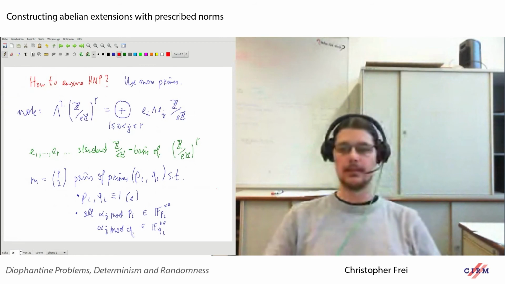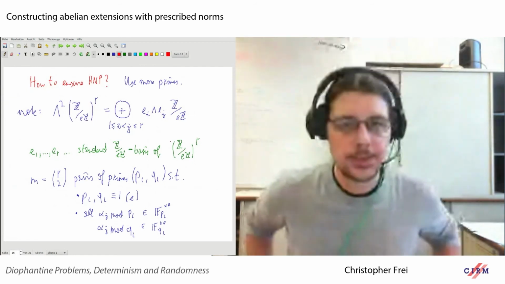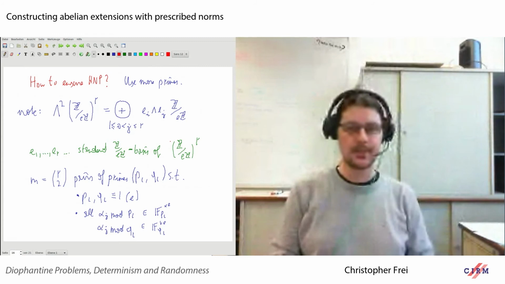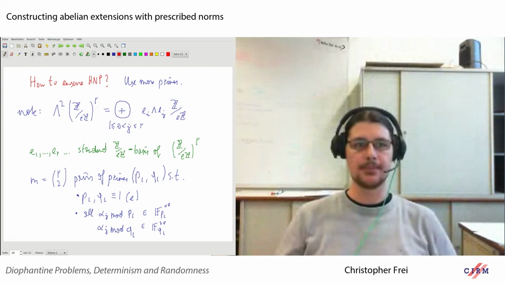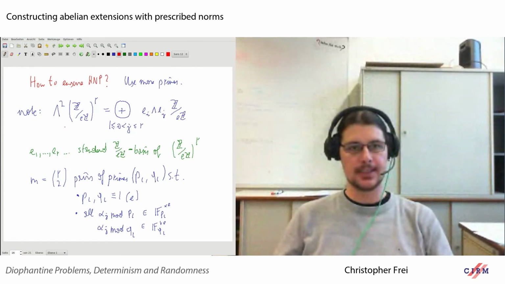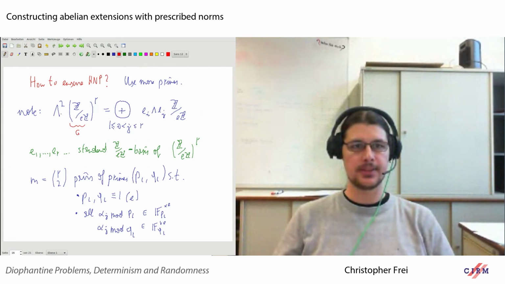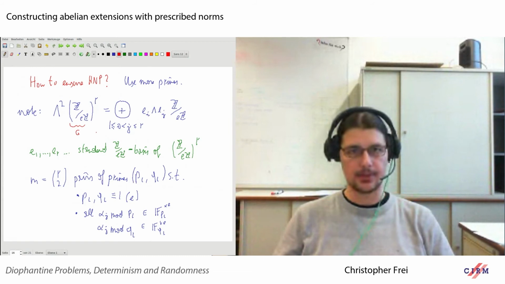Okay, so how can I ensure that the Hasse principle holds? I need to use some more primes. First of all, this (Z mod E Z) to the R, this was our group G. Okay, so lambda 2, the exterior square of G, appears, and the exterior square of such an R-th power.